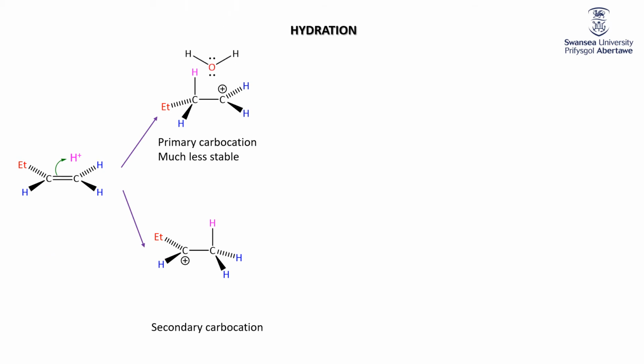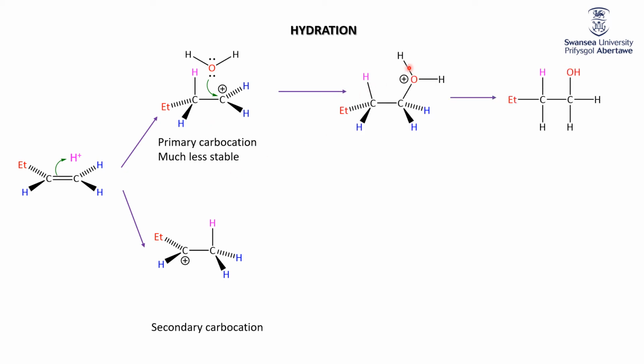Now again, if we bring in the water there, the water in this case is of course acting as a nucleophile. The carbocation is the electrophile, so the water can pop in there to give us this, which then loses a proton, giving us the butan-1-ol, which of course, as we said, is not observed because that would come from the primary carbocation.